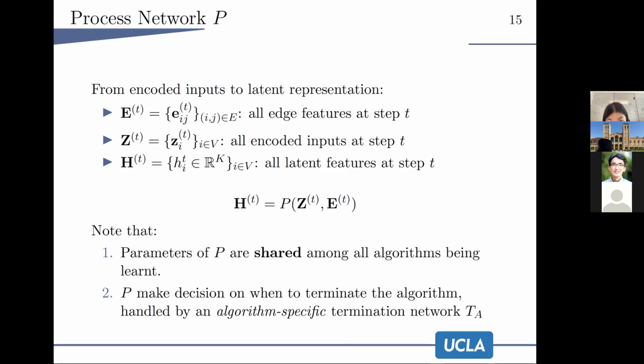My understanding is that the graph neural network only lives within the processor network P, which is shared among all the different algorithms.